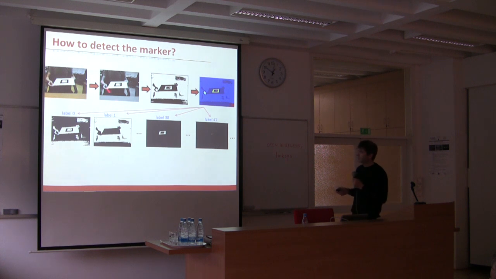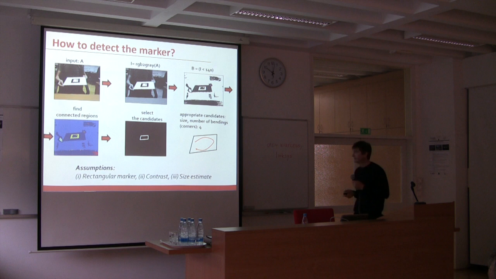Okay, so here, marked with the labels from 1 to 47, we see all the connected regions of these darker parts of the image. Even though they are darker, they're marked here in white, and you really see that they are connected. And one of these connected regions is, of course, the outer part of our marker. But we don't know yet which.